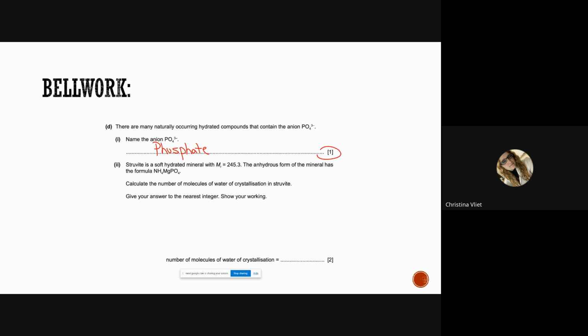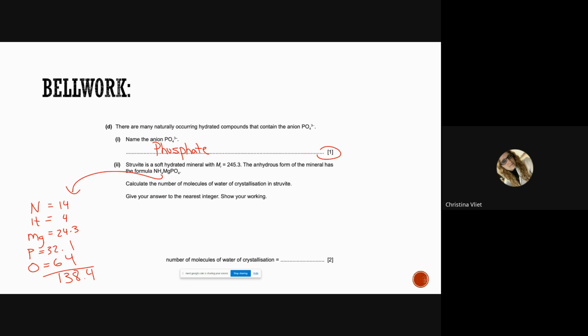All right, so I'm going to go ahead and solve the second one now. What I did was I got the molar mass of NH4MgPO4. I'm just going to show what I did. You can check my math.